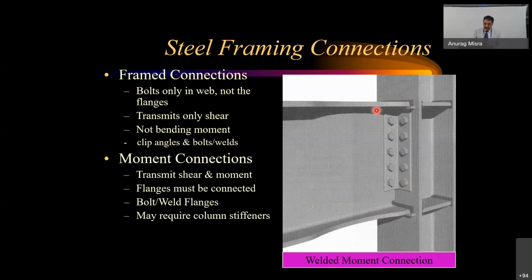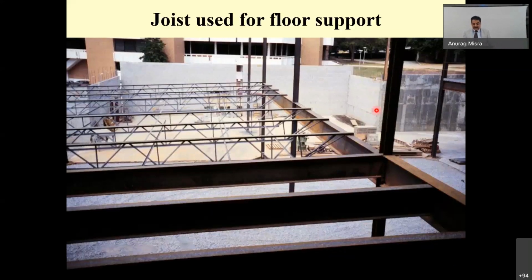So we can go for moment connection, we can go for the combination of the two, and also sometimes we use these kinds of joists where we just need a support kind of thing.